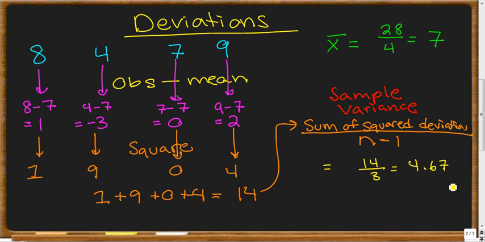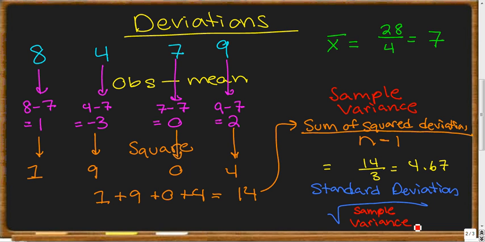Now, a lot of times what we also do is we find what we call a standard deviation. And a standard deviation is simply the square root of our sample variance.